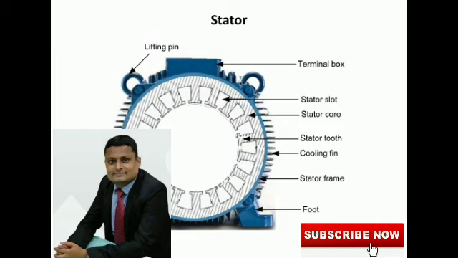Okay, so the value will come to 40. So now the total conductors will be Z equals 3 into 2 into Tph, that is 6 Tph. So 6 into 40 will be equal to 240.